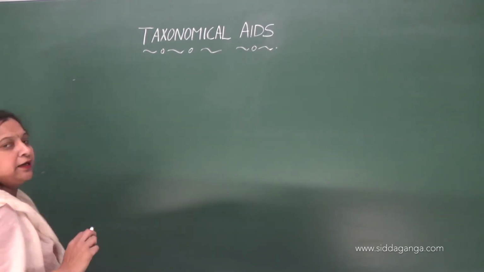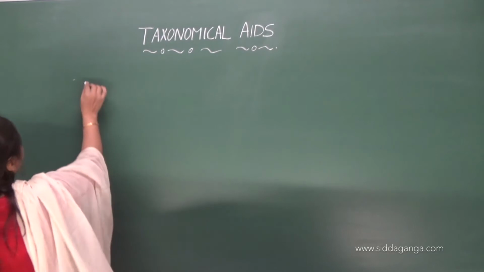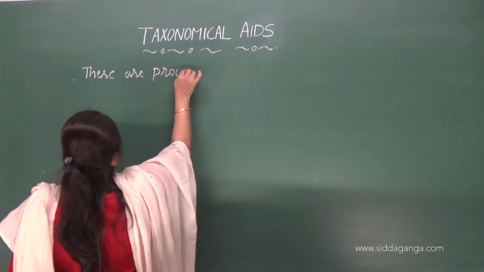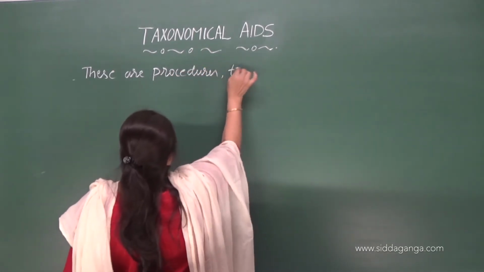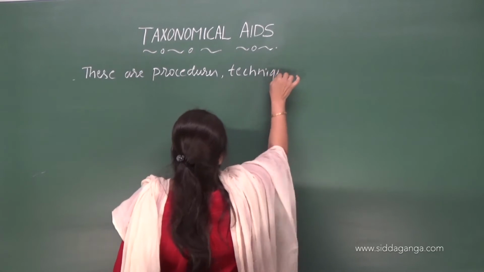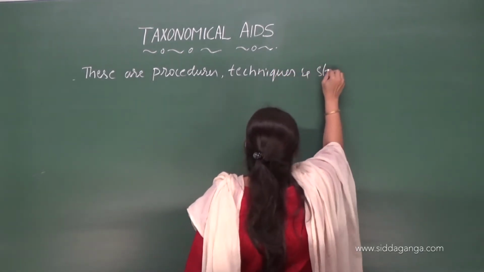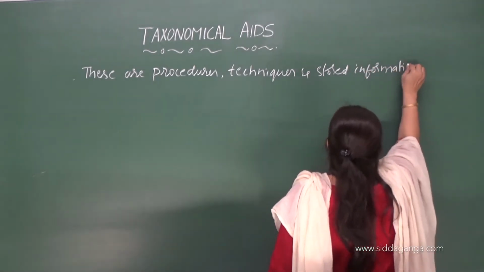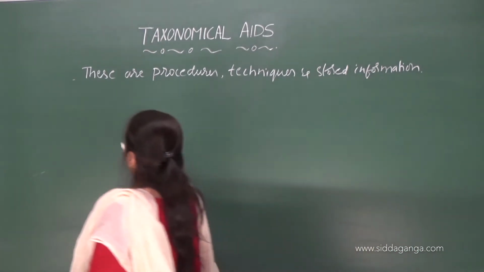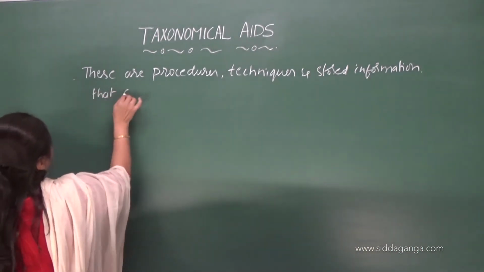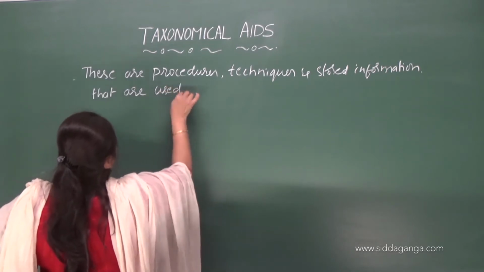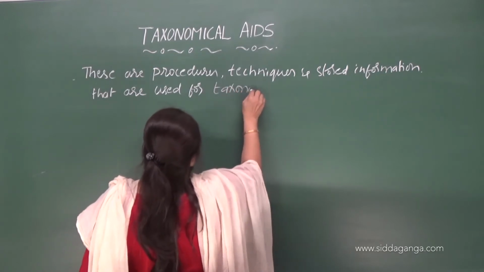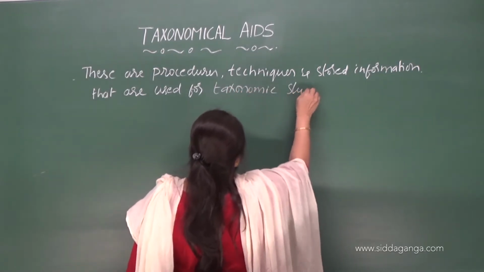Taxonomical aids are nothing but the procedures, techniques and stored information that are used for taxonomic studies.